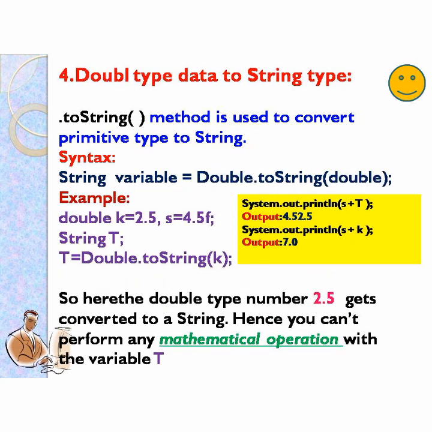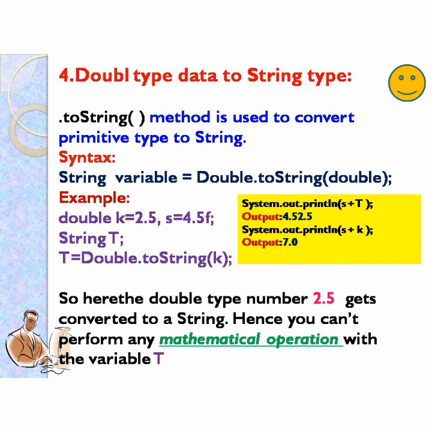Next one, double type to string type. Syntax: string variable equals Double.toString(double). For example, double k equals 2.5 and s equals 4.5, not f, sorry, it's 4.5. String t equals Double.toString(k). So here the double type number 2.5 gets converted to a string, hence you can't perform any mathematical operation with the variable t.